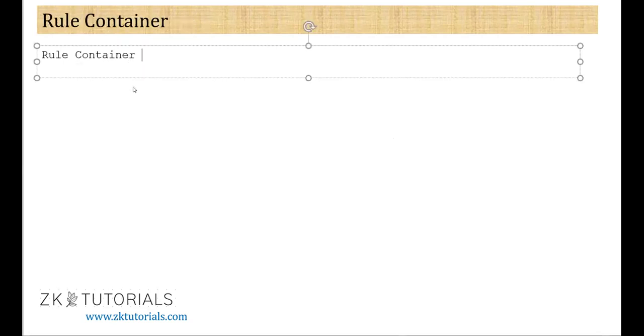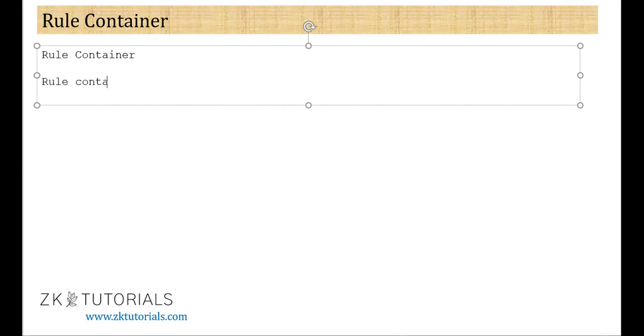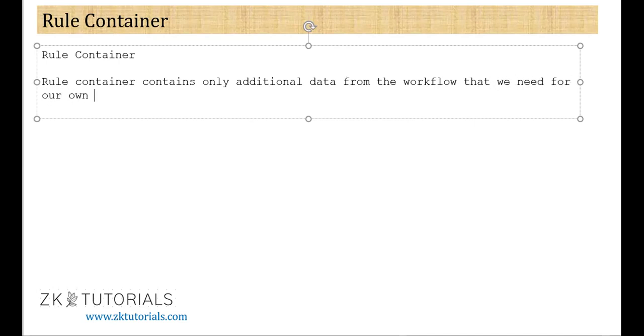Let's write something about the rule container: it contains only additional data from the workflow that we need for our own procedure, or some different additional data from the workflow. That is what my rule container is.